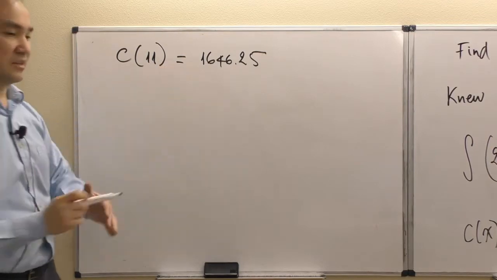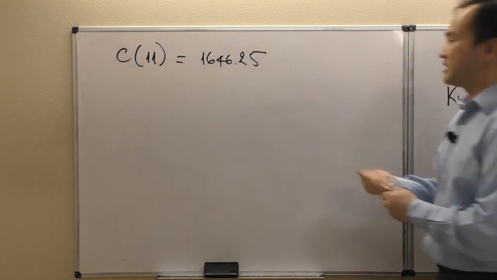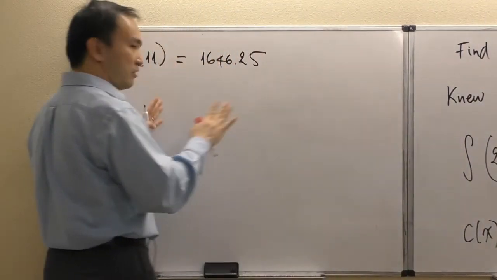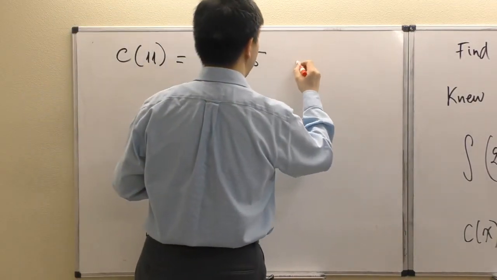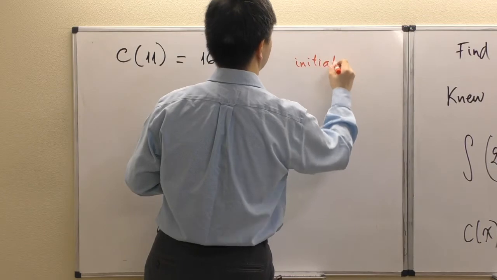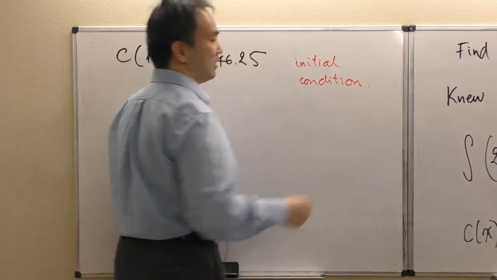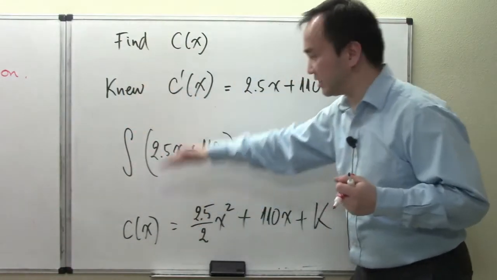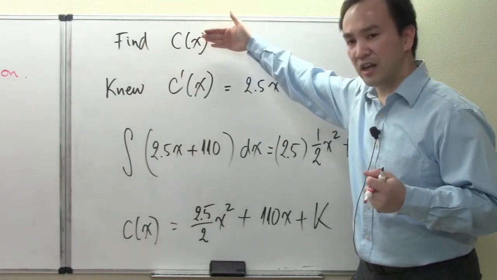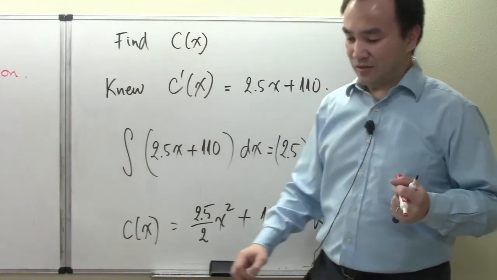Now, relating this to the general lecture regarding antiderivatives, this is referred to as the initial condition of our entire problem, which can be regarded as an IVP, I mean an initial value problem.